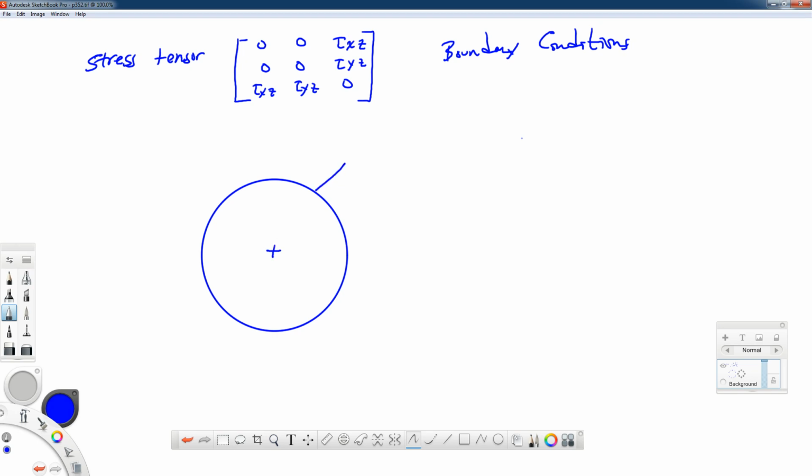We need to find the components of a unit normal that points in that direction. Now the unit normal would ordinarily have components like N1, N2, and N3. And we might even call them L, M, and N in this case.